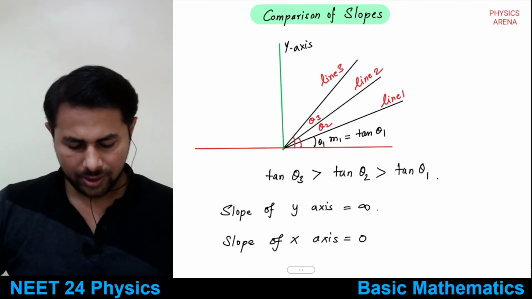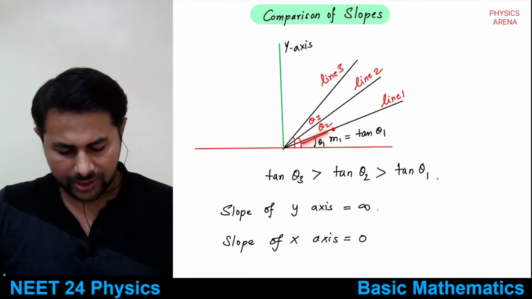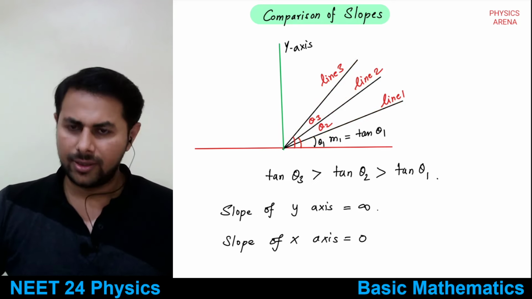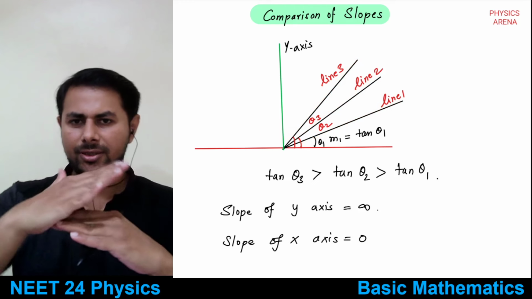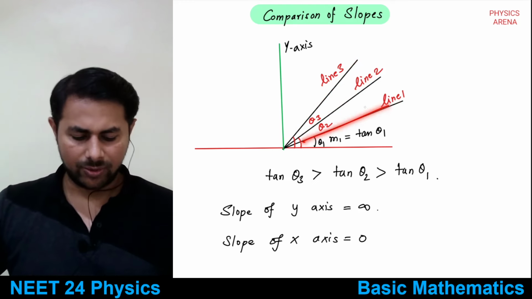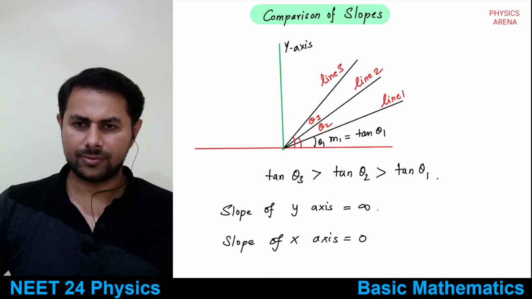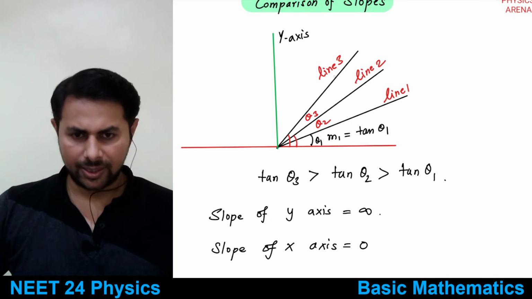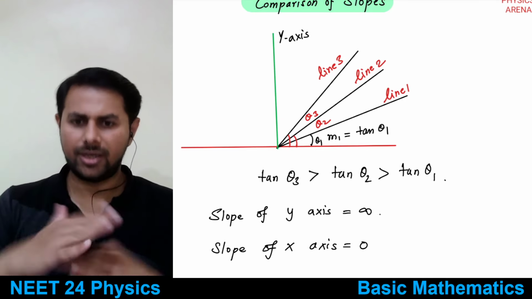Now suppose you have these lines 1, 2, 3. Okay, so which one is more inclined to the x-axis out of 1, 2, 3? Which one is more inclined? The third one is more inclined.